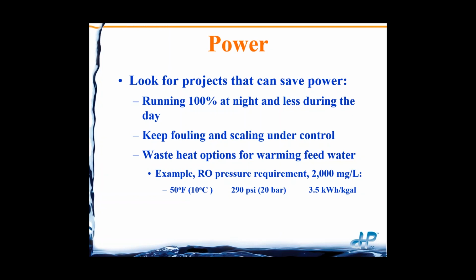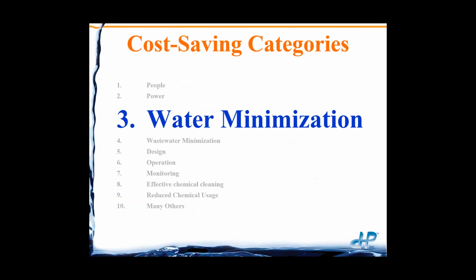So kilo means 1,000. At just 27 degrees warmer, you're knocking down 100 psi, and you're at 2/3 cost on power. So again, if you have waste heat options, if you're dumping heat down the drain, that might be something that could be cost effective.